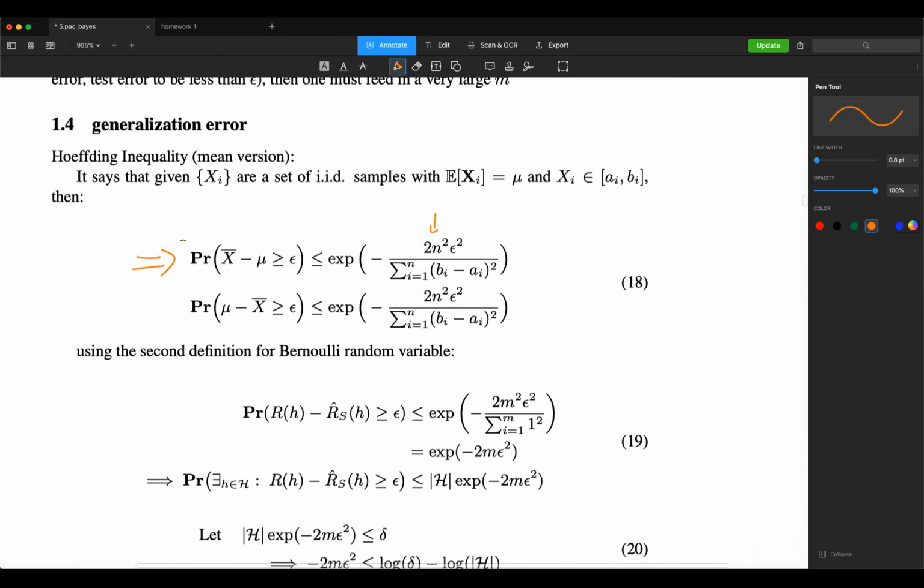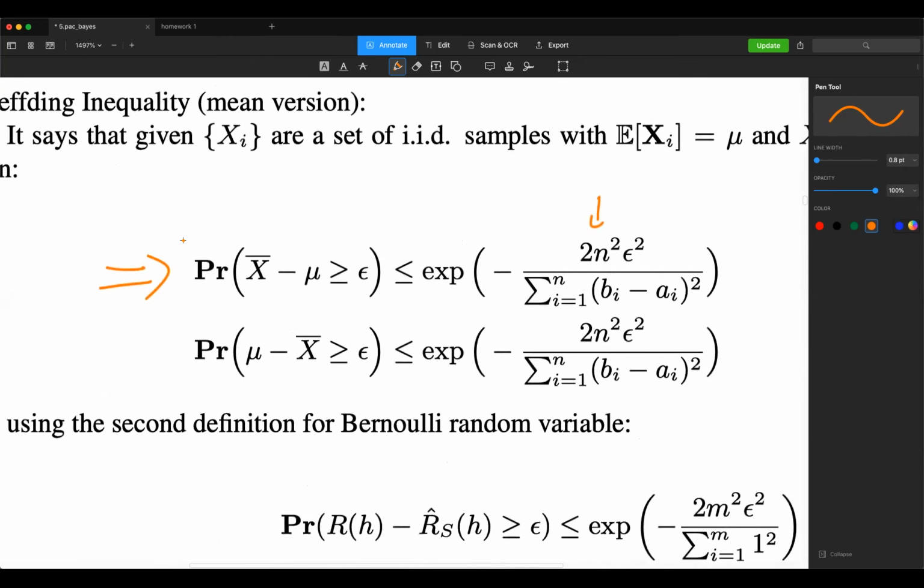Let's take a look at this equation for a minute. So n is the number of data points you have. B and A are the range of your random variable, right? It can't be larger than B. It can't be smaller than A. And this is the concentration inequality. That's its bound, okay?